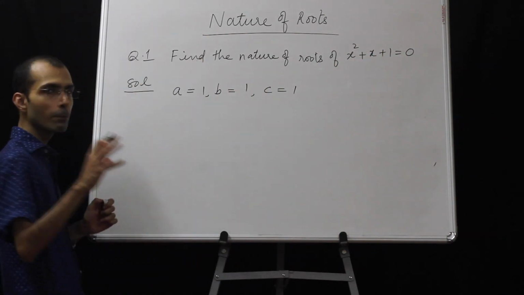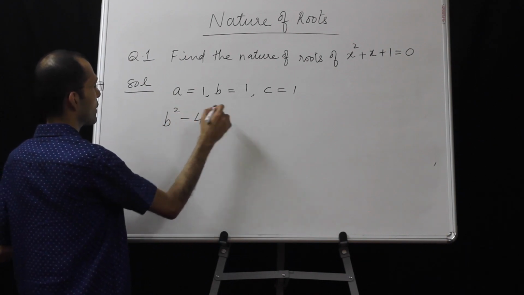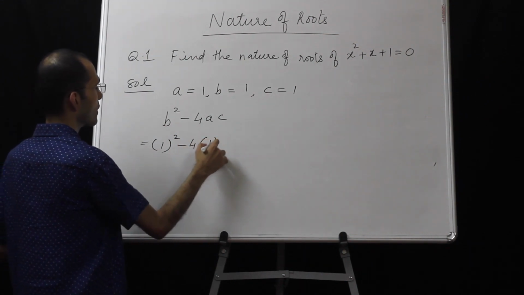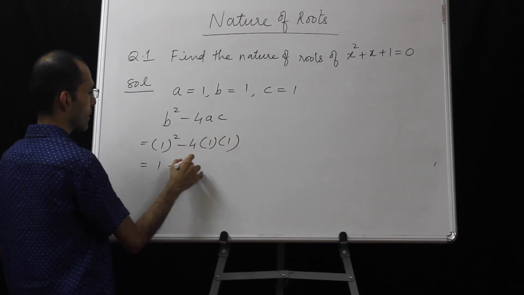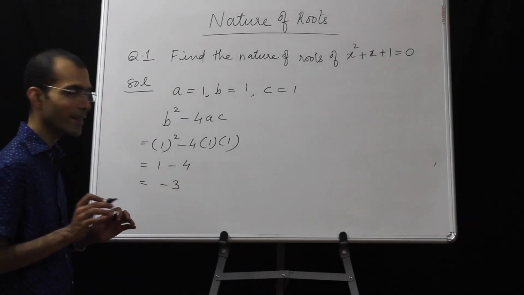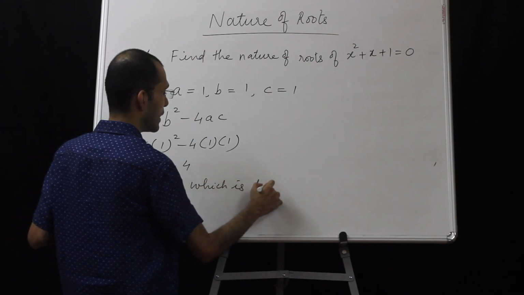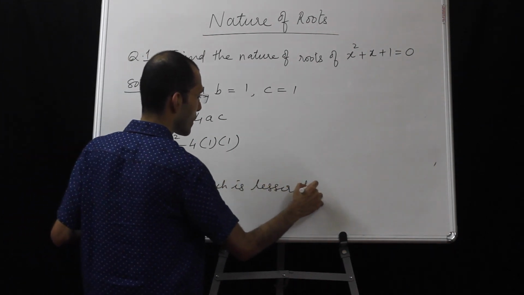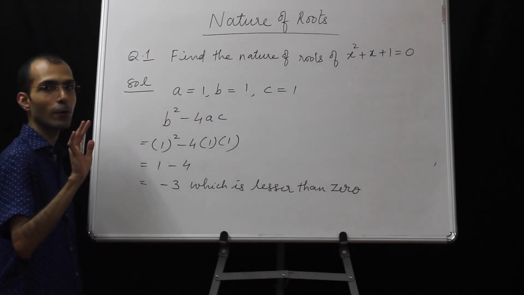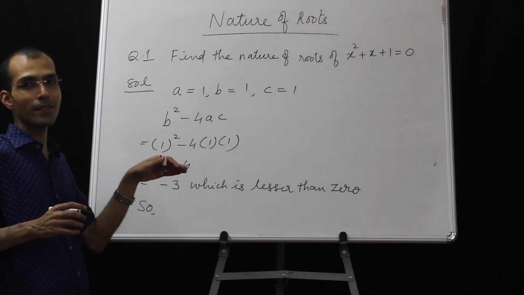Okay. So let's compute b square minus 4ac. This will be 1 square minus 4 into 1 into 1. So 1 minus 4, that is minus 3, which is lesser than 0. So, recall those 3 conditions.